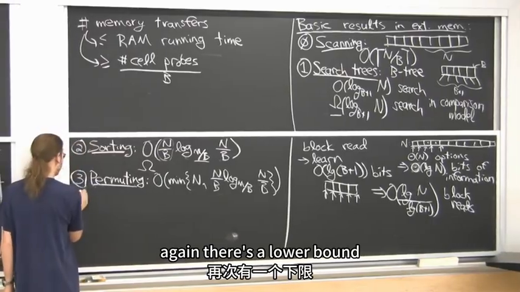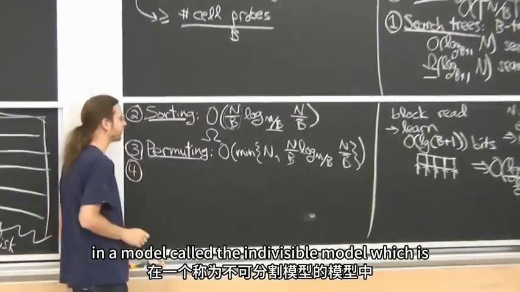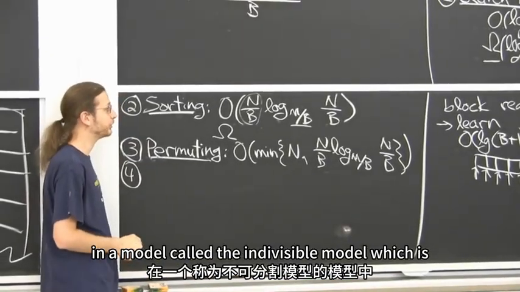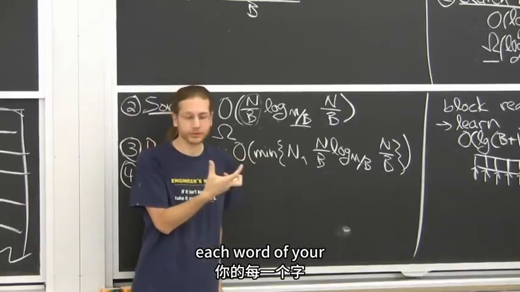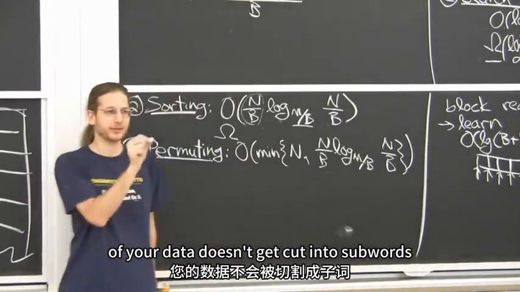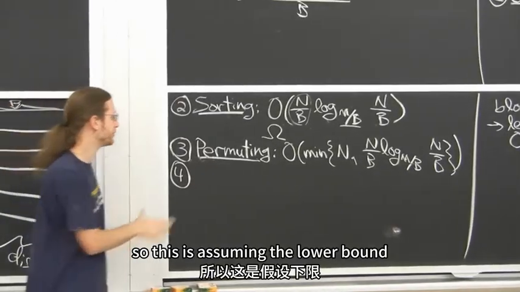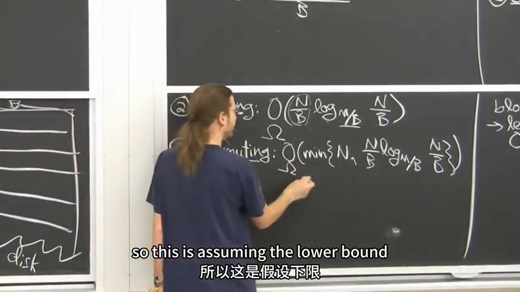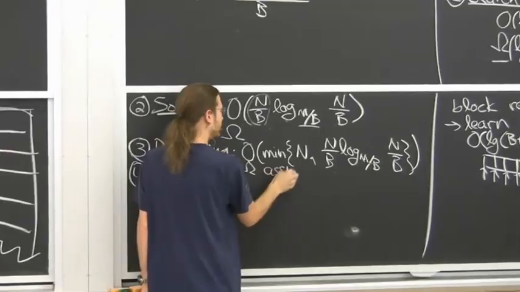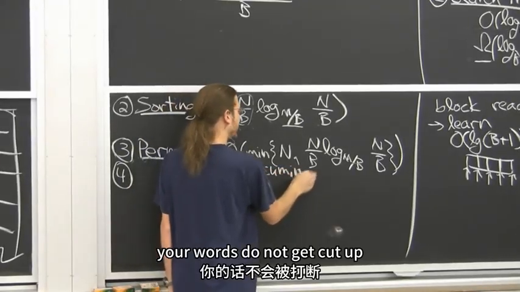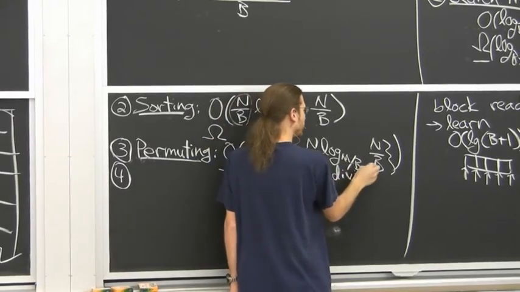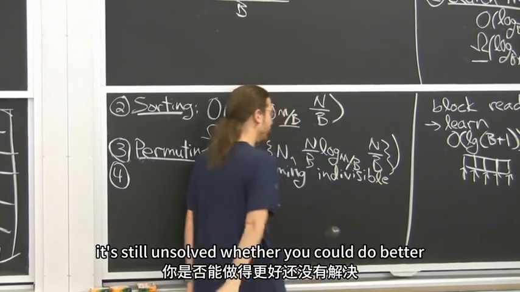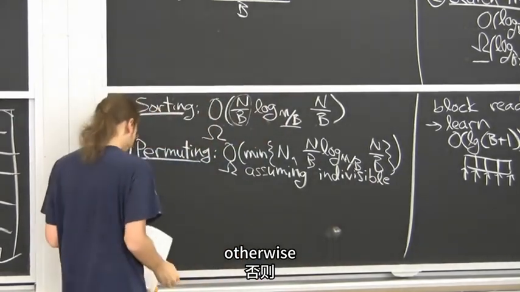Again, there's a lower bound in a model called the indivisible model, which assumes that each word of your data doesn't get cut into subwords. I believe it's still unsolved whether you could do better otherwise.